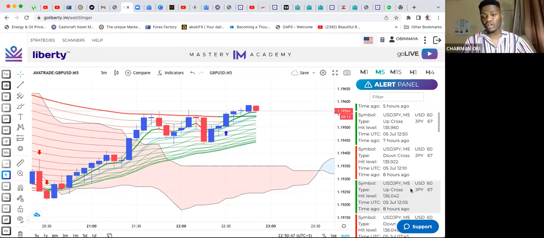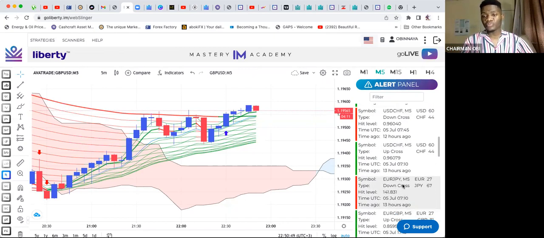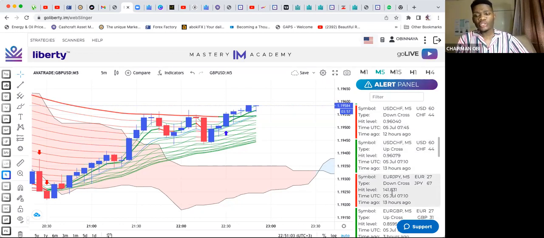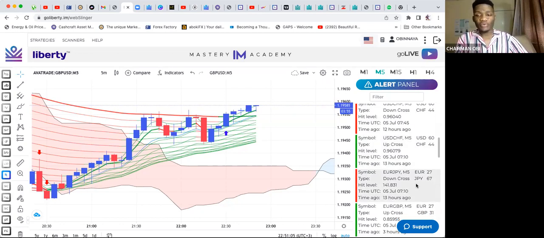The same thing over here, USD CHF. There is just 16 or so percent that differentiates both of them. Euro JPY is looking amazing. So we look at Euro JPY.